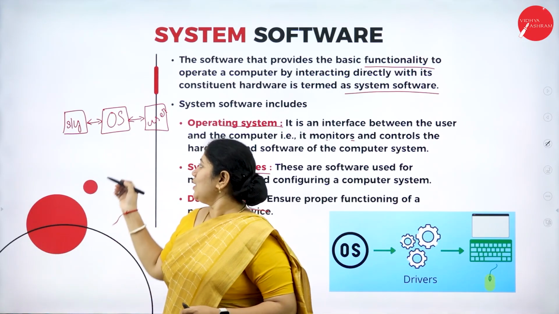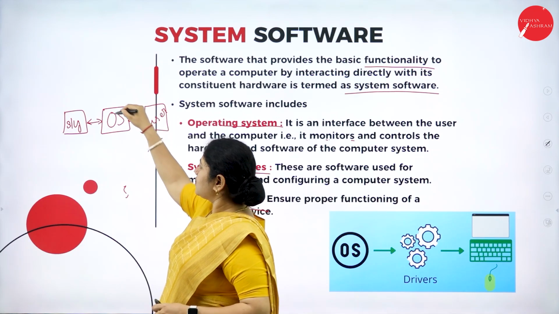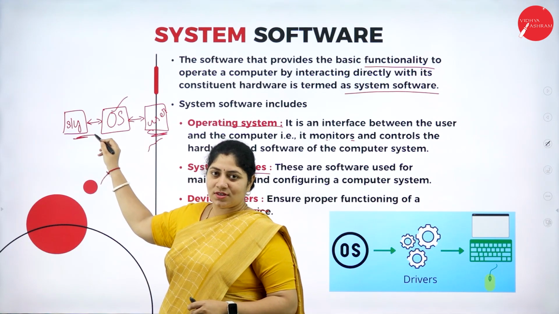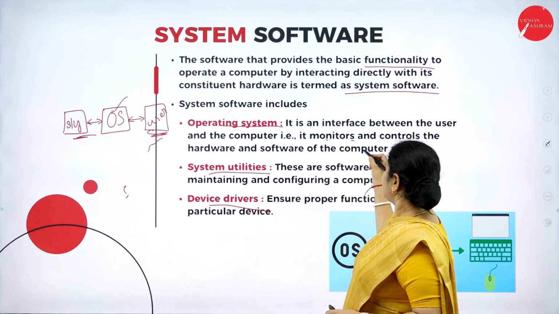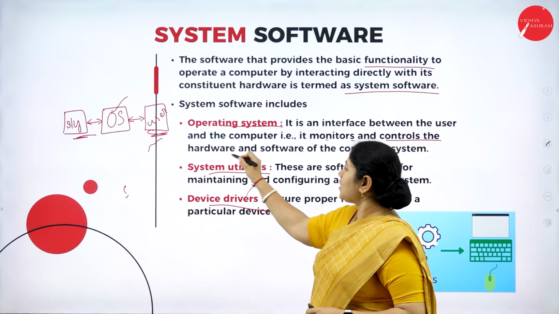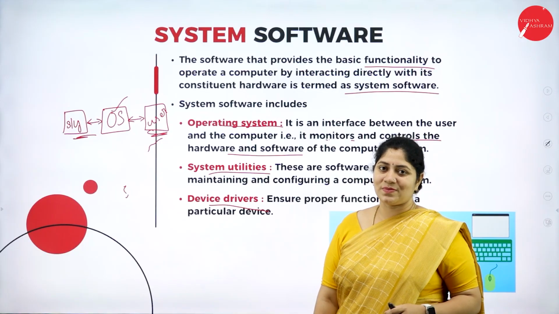Yes, absolutely. We can say the OS forms an interface between the user as well as the system. So this is an operating system. Now we can say it is also responsible for controlling the complete hardware and software of the computer system.